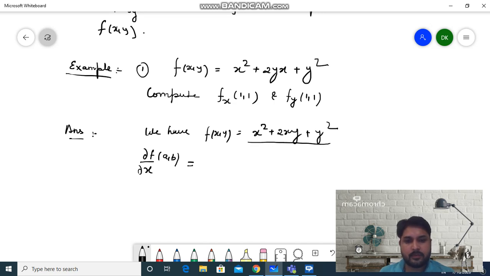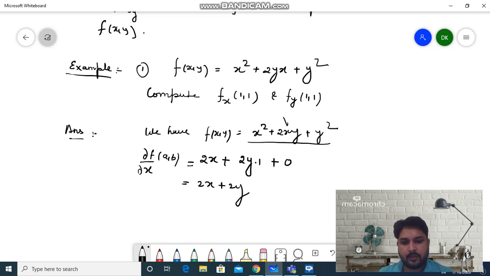That means we will treat y as a constant in this case. The first term is x square, so its derivative with respect to x is 2x. Then here 2 and y are constant, so 2y, and the derivative of x is 1, plus y square has no term of x, so it is constant, and the derivative of a constant is 0, so it becomes 2x plus 2y.